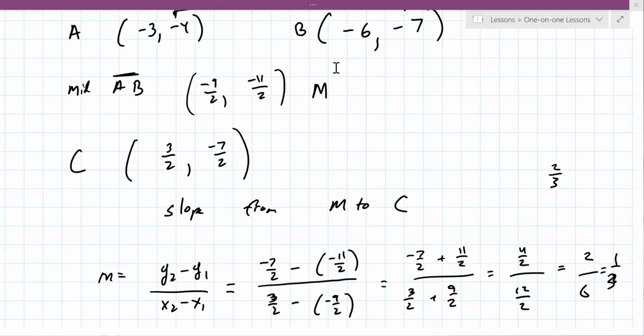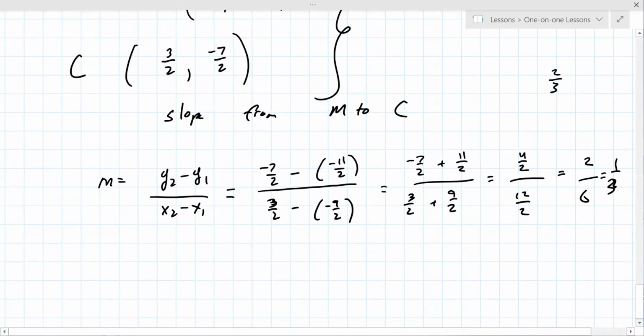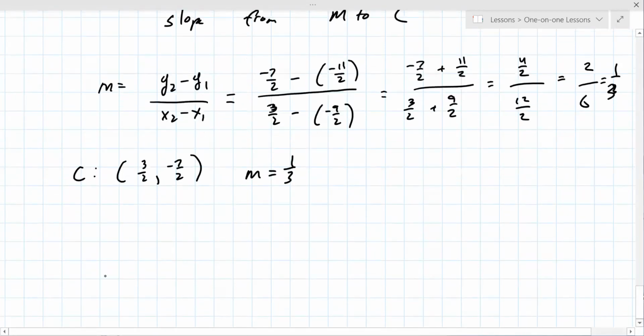If you're using one of these points to write the equation of the line in point slope form, you have to pick which one you're going to use. So I'm just going to use point C, 3/2, comma, -7/2, a slope of 1/3, and we're going to write it as y minus y1 equals slope times x minus x1.